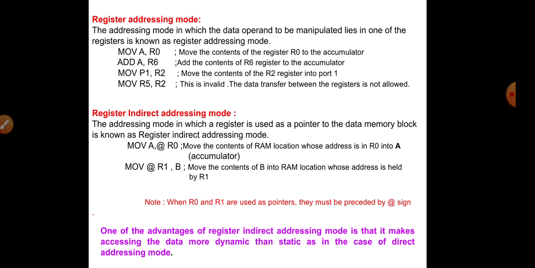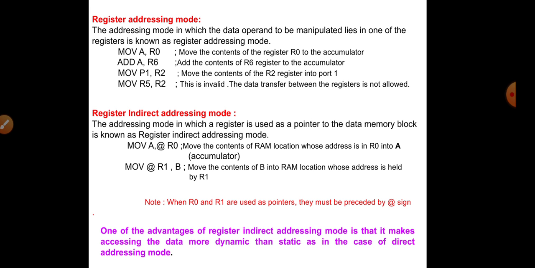When R0 and R1 are used as pointers, they should be preceded by the symbol @. One advantage of register indirect addressing mode is that it makes accessing data more dynamic than static, as in direct addressing mode.